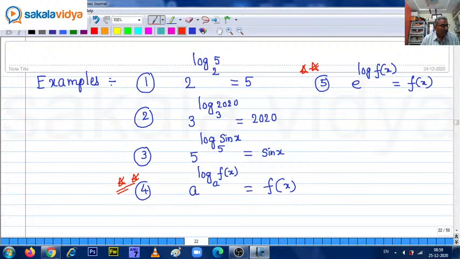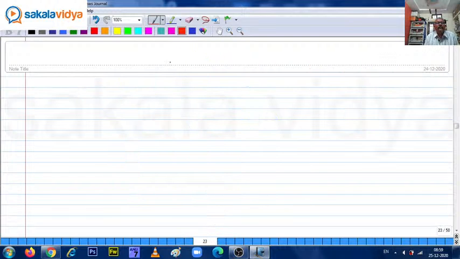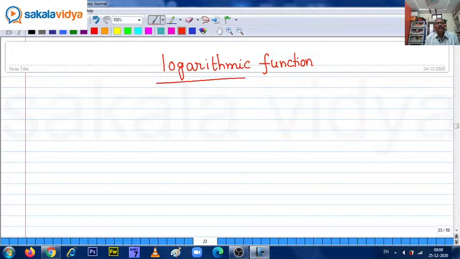Right. Now let us move to the next concept, the logarithmic function. What do you mean by logarithmic function? In the examination you may be asked to define the logarithmic function.